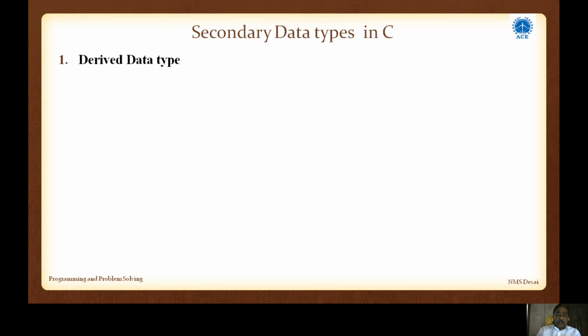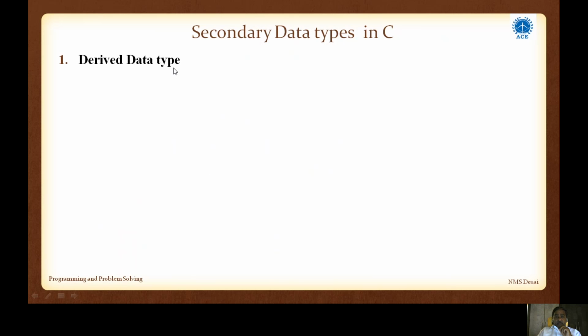Yesterday we discussed it, right? We'll extend. In the previous session, we also said that with the primitive data types, tasks cannot be completed. We need additional data types. Those are called secondary data types. These are higher level, higher order data types, right?